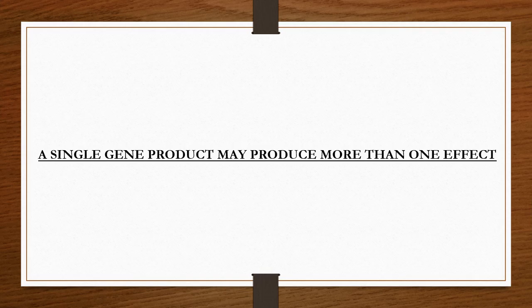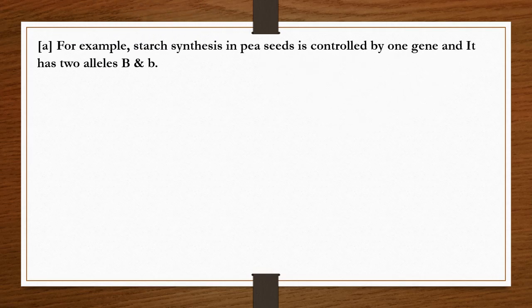The next small concept is that a single gene product may produce more than one effect. We can explain this point by taking an example. For example, starch synthesis in pea seeds is controlled by one gene, and it has two alleles, capital B and small b.